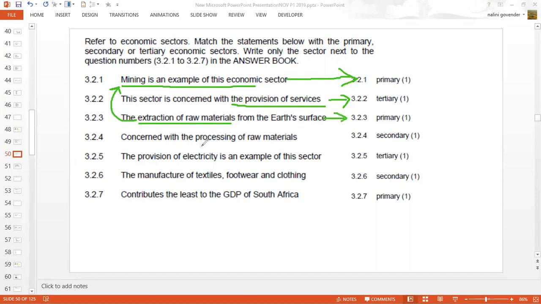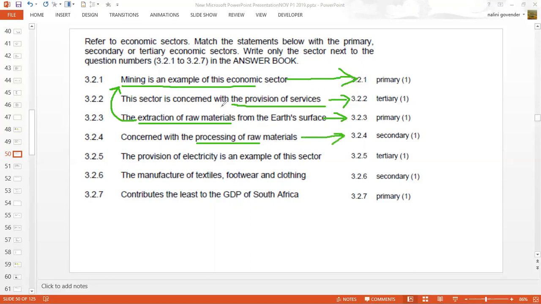When we process these raw materials, when we manufacture them, when we're adding value to these things, we sometimes use the word benefication when we're adding value, and this would be referred to as a secondary economic activity.